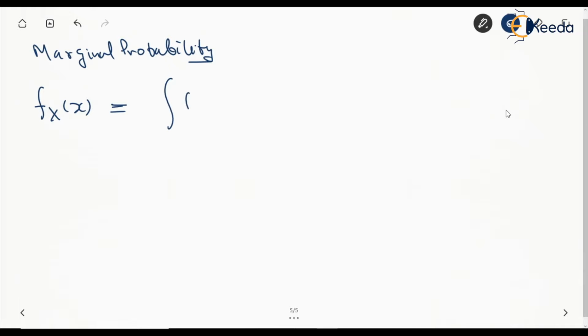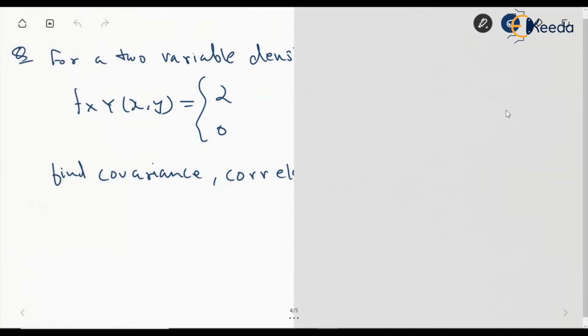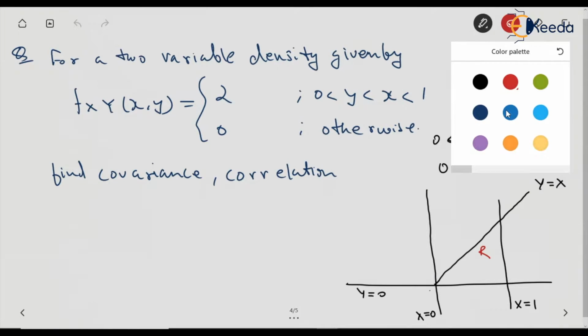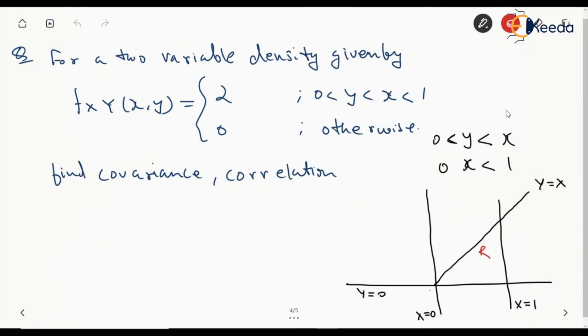So it is integration of f of x, y in terms of y. We'll have to check the interval for y. If we are integrating in terms of y, we need a vertical element. So let's say this is the vertical element. This is the starting point. This is the end point. So this is the lower limit. What is this? This is y equal to 0. And what is this? This is y is equal to x, right?